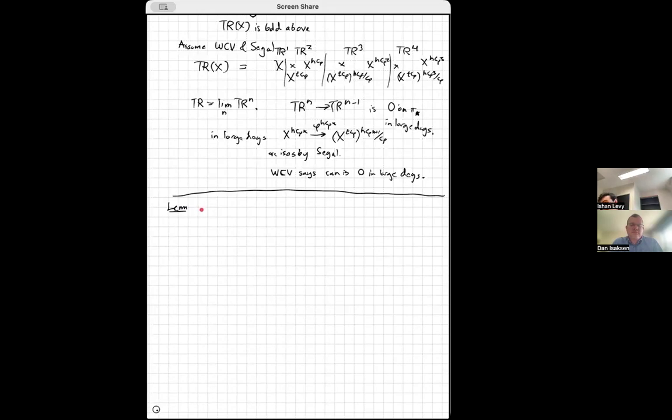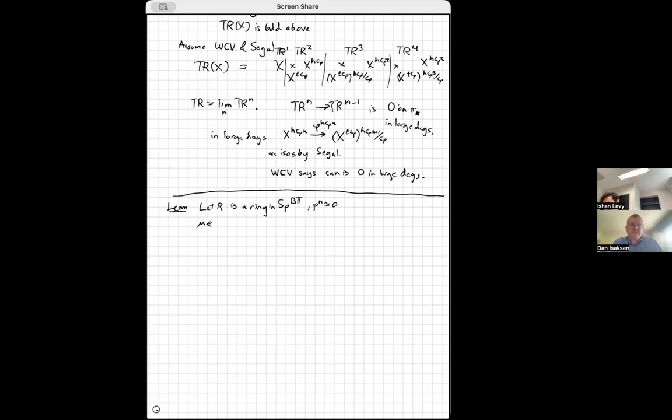The lemma: let's say that R is a ring with a circle action. Okay. And let's say that some power of p acts by 0. Okay. Then here's a way that you could try to prove canonical vanishing.